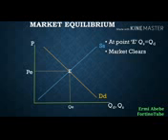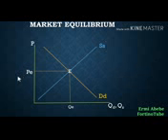Now what if we face a price different from the equilibrium price? Let's say we face a price which is greater than the equilibrium price. Let's see in detail what happens if we get a price higher than this. Now let's say P1 is a price greater than the equilibrium price.